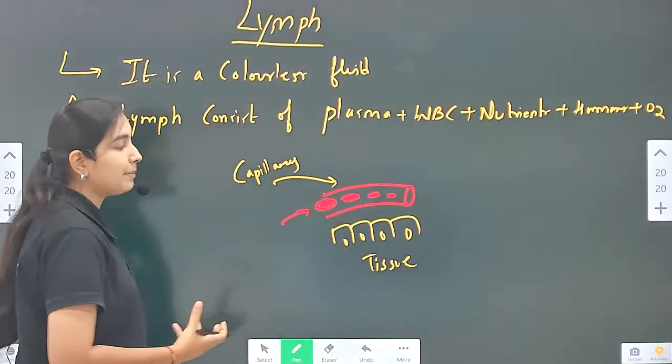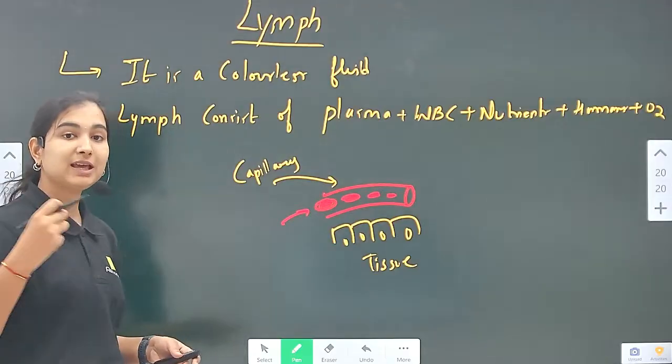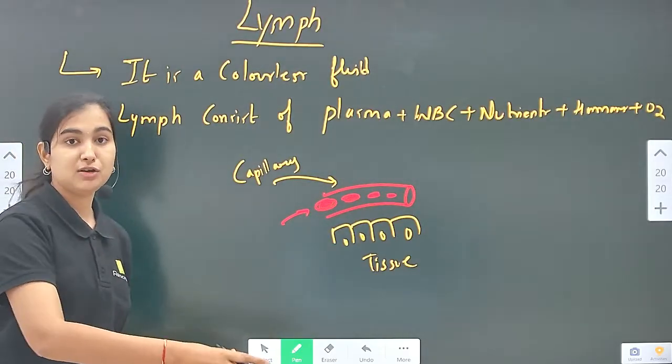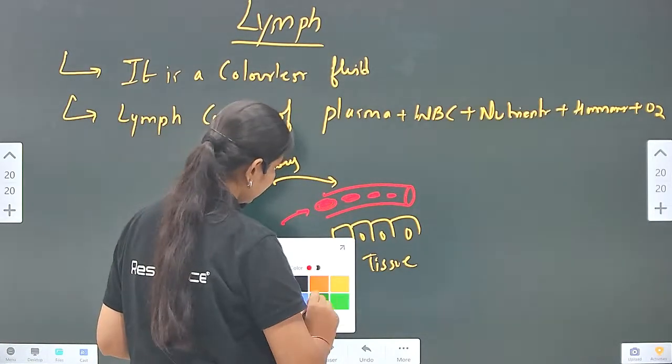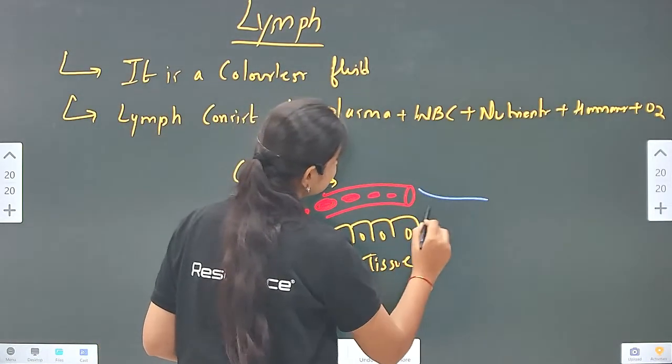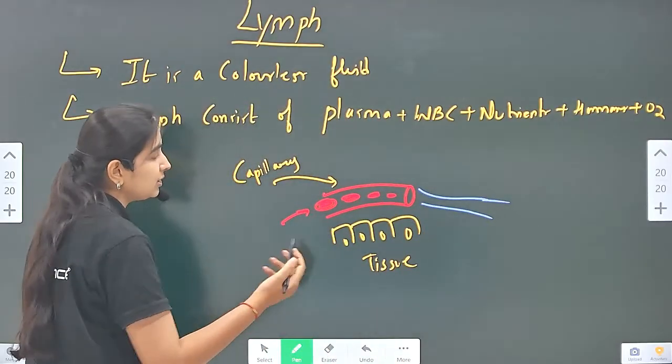So what will happen due to the pressure? Because the heart pumps the blood through pressure, now see what will happen. From this, the blood needs to enter into the veins, right? So what happens due to the pressure?